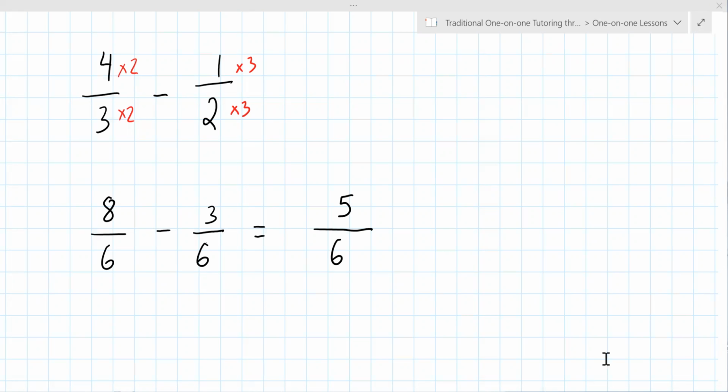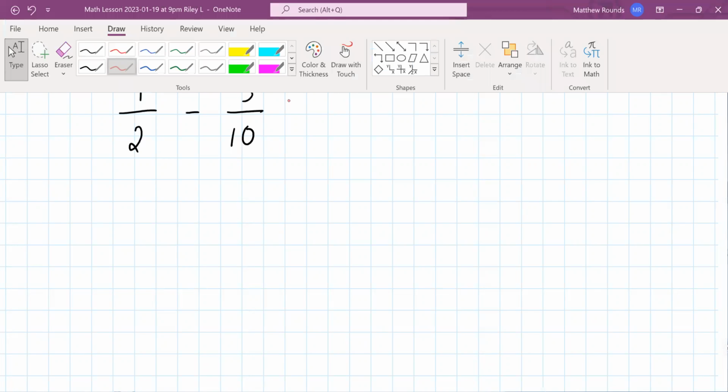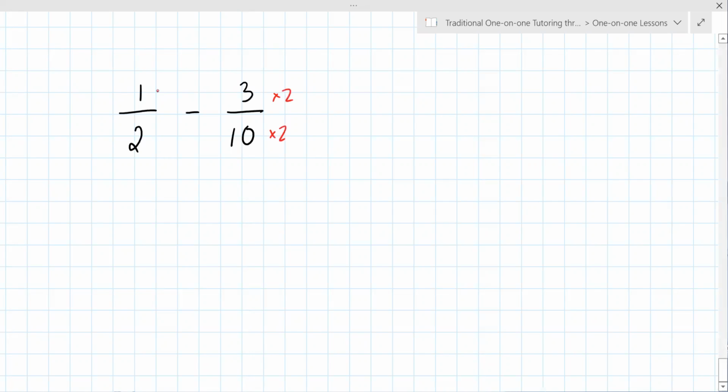So you've got to be careful though. Sometimes we overcomplicate problems. So I'll give you an example here. Let's say I want to do 1/2 minus 3/10. The way the brain works is if you've been doing something one way long enough, you just immediately say, oh, it's times 2 and times 10. And while this works, it is not the right way to do this problem.